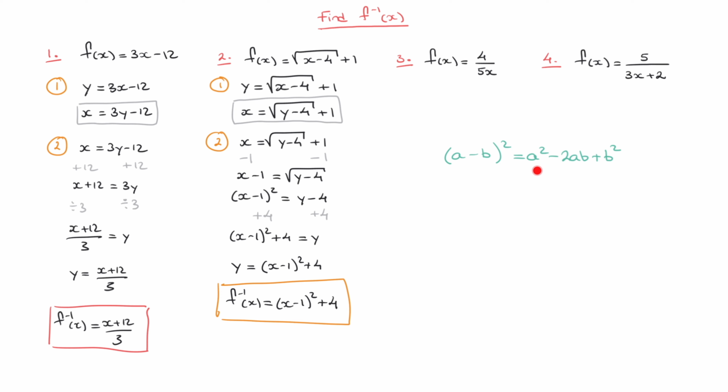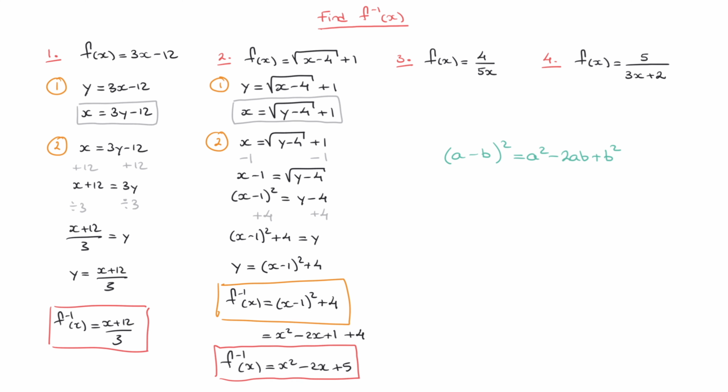And so using this result for x minus 1 squared, this quickly becomes x squared minus 2x plus 1 plus the 4 that we have at the end there. Finally, gathering this 1 and this 4, we could also write this function's inverse function as inverse f of x equals x squared minus 2x plus 5. And that's the final answer.